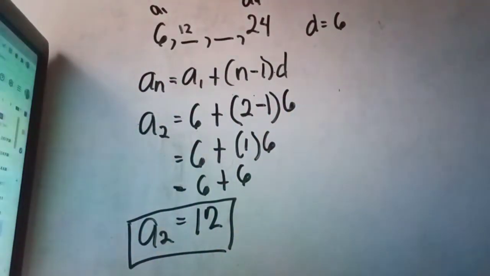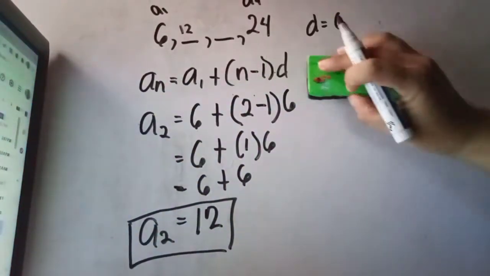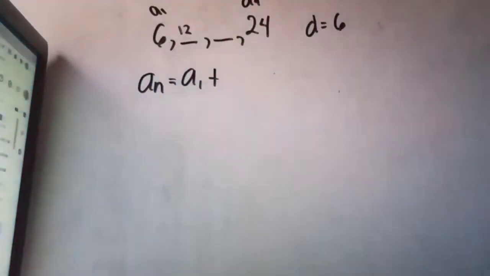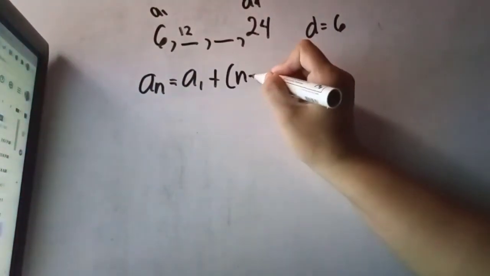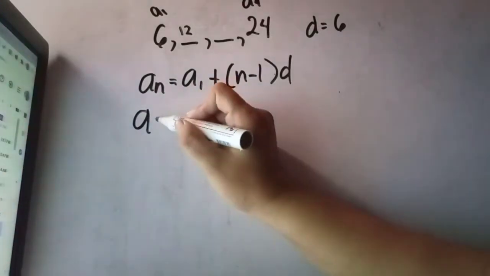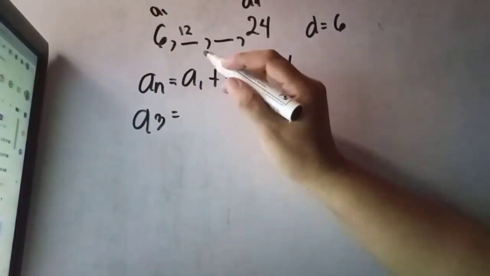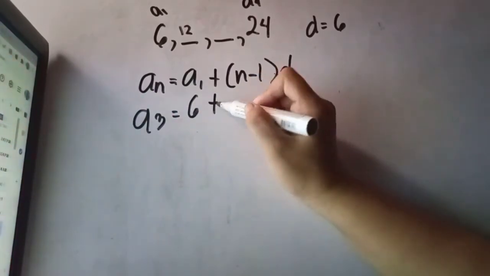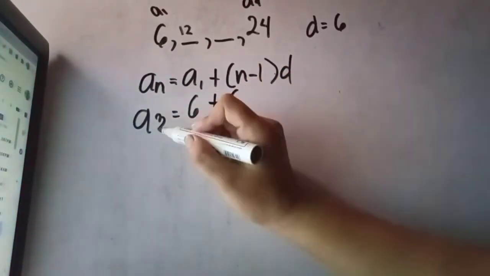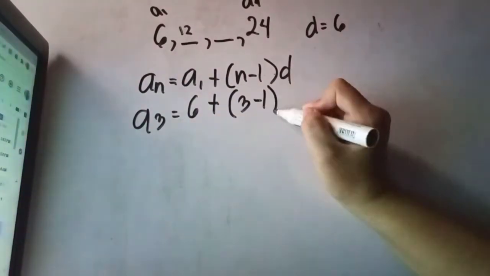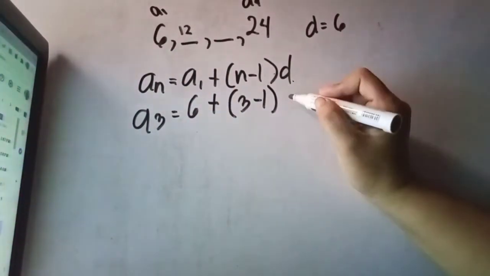Okay, so paano naman natin makukuha yung a sub 3? Ganun pa rin. n minus 1 multiplied by d. So, hanapin natin yung a sub 3. So, a sub 1 natin ay 6 plus, ang ating n ay 3 subtracted by 1 at ang ating d ay 6.